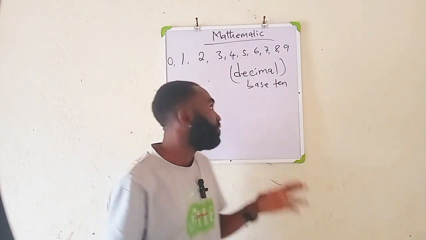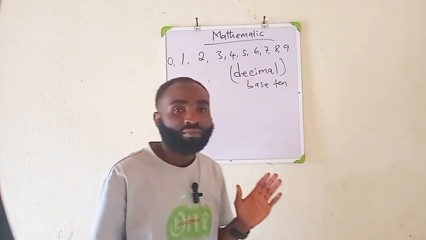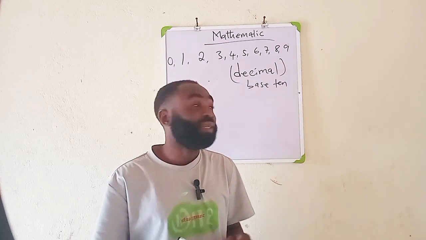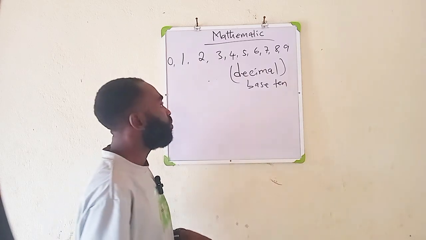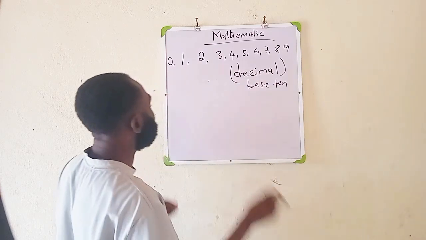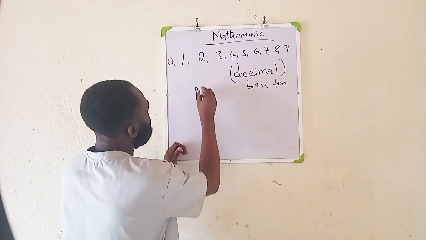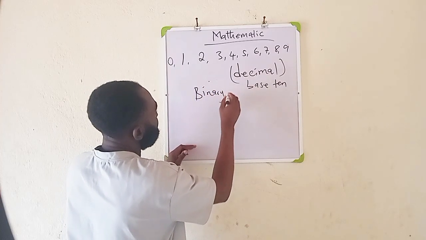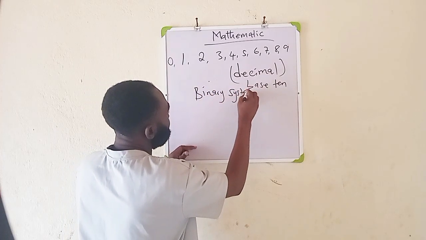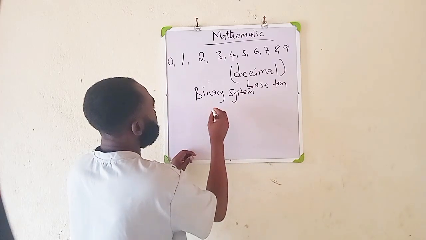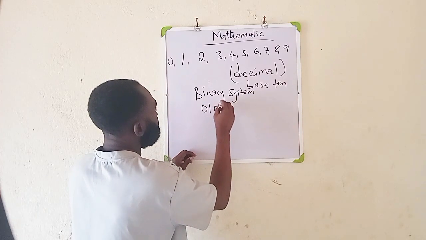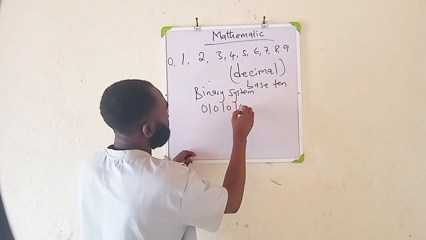That is the usual way, from 0 to 9. That is the usual way we count numbers in mathematics or in real life. But in computer programming, we use the binary system, which is 0, 1, 0, 1, 0, 1, 0, 1.